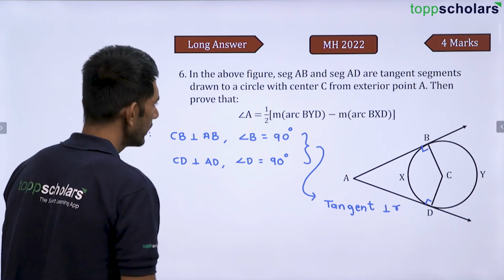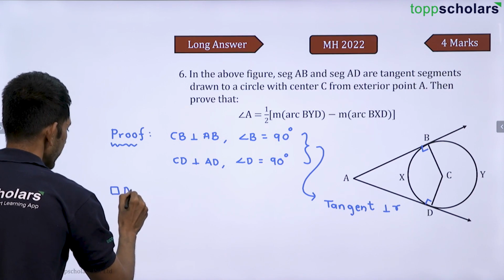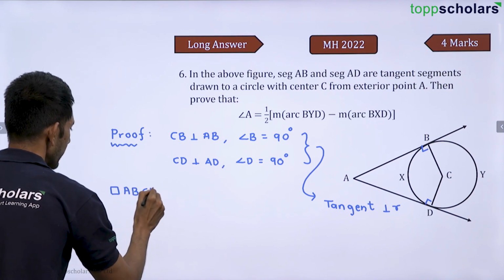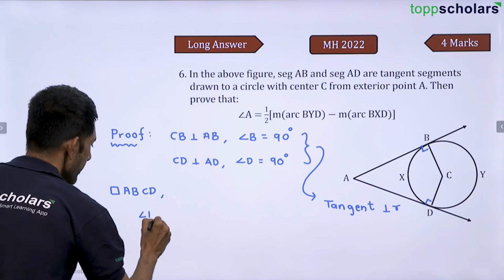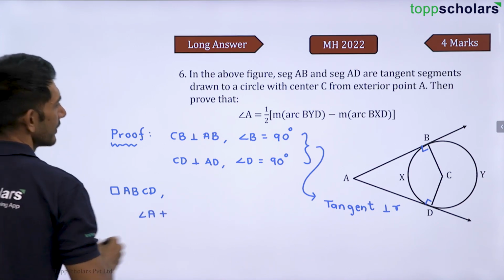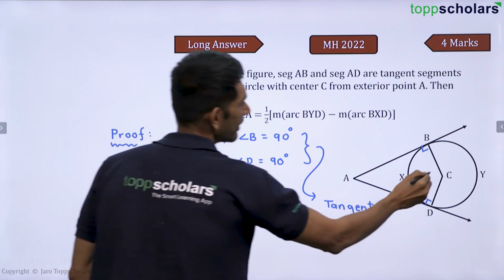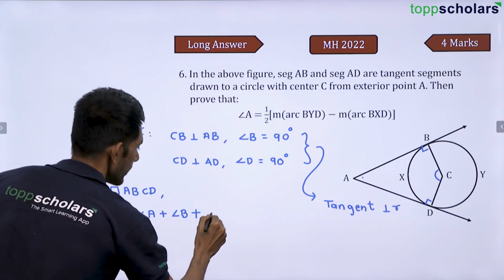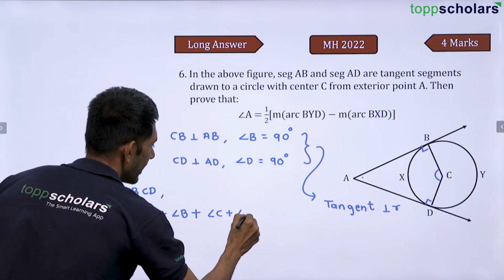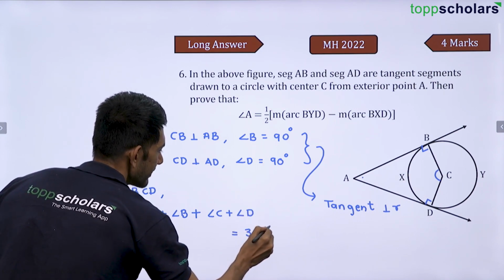Okay. So if I take the quadrilateral, can I say in quadrilateral ABCD, angle A plus angle B plus angle C plus angle D is equal to 360 degrees.